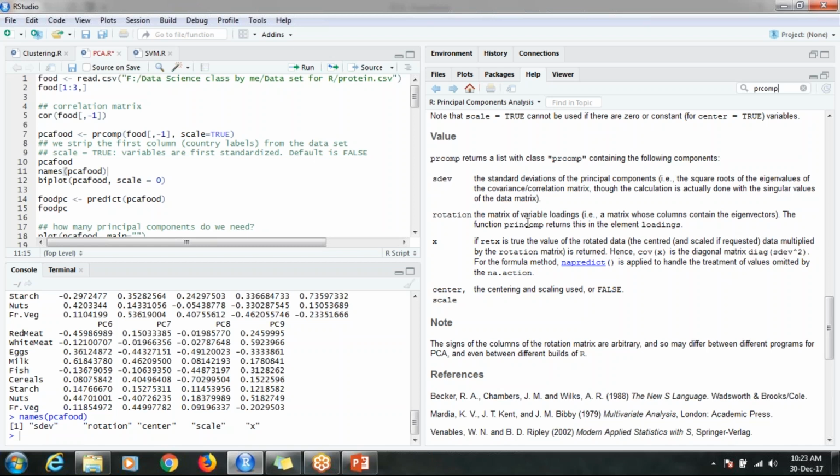That value is actually the rotation factor here. X I have not used so much, and I don't think it is used, so you can ignore this part. Apart from that, these are the main things that are required, and center and scaling. Center and scaling is mainly for normalization purposes.